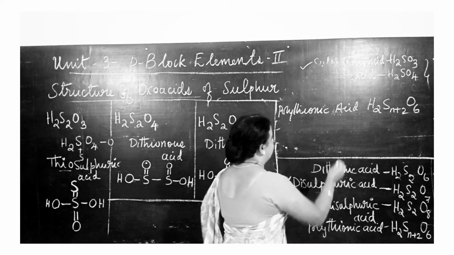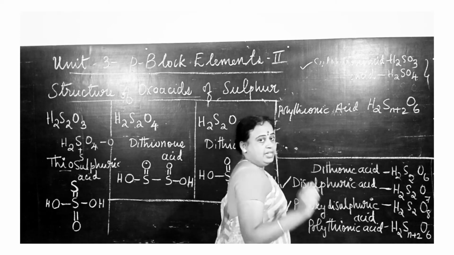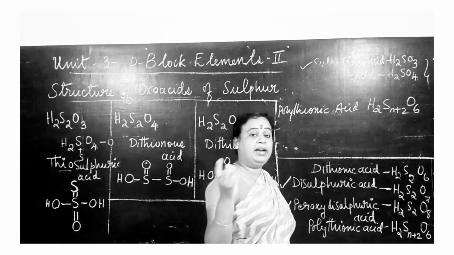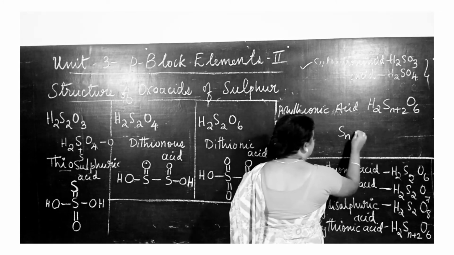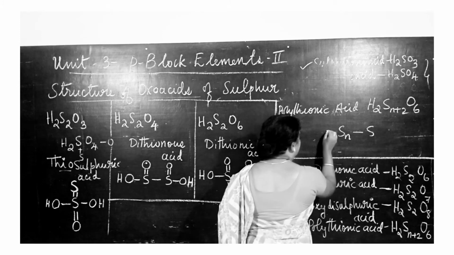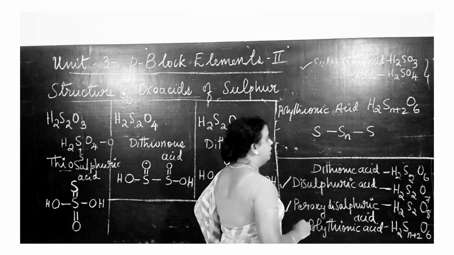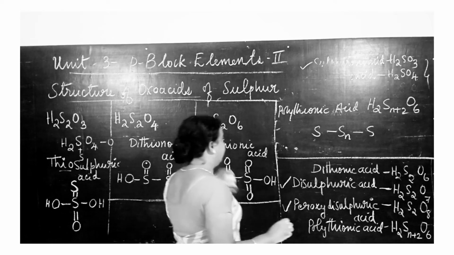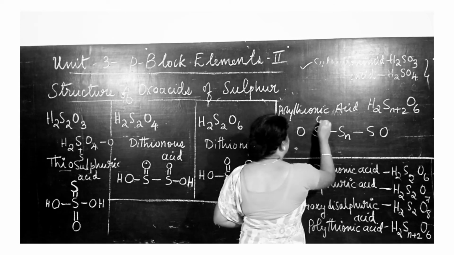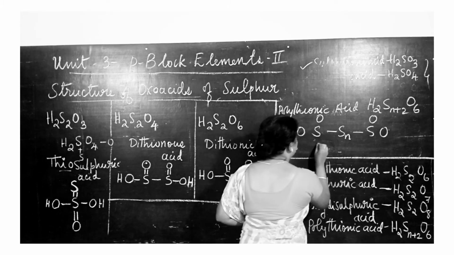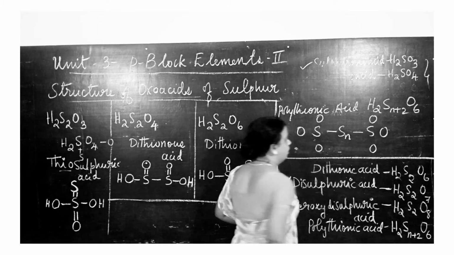So in this structure, Sn should be there. Sn means n number of sulfur atoms, so I put it in the center. Then surrounding Sn, one sulfur atom on the left side and another sulfur atom on the right side should be there. Then you put the oxygen atoms: 1, 2, 3, 4, 5, 6 oxygen atoms.